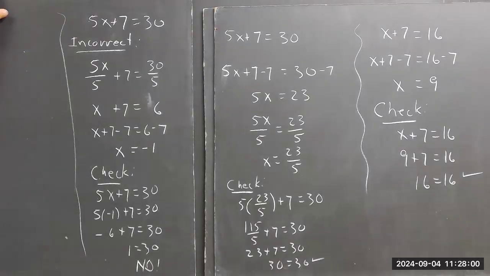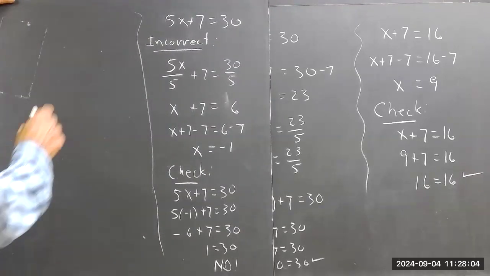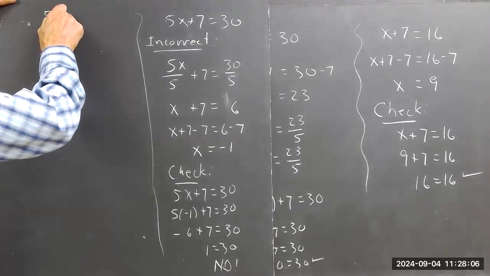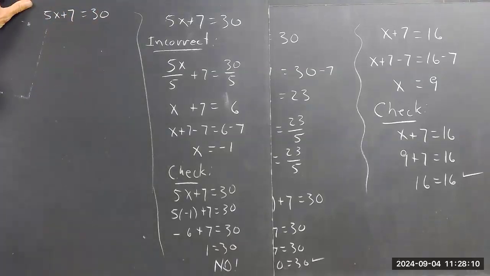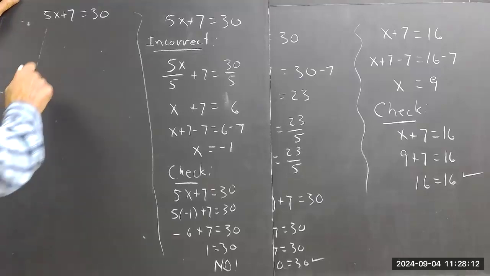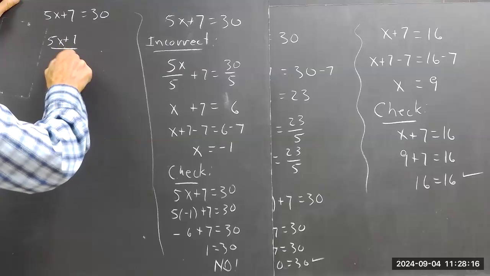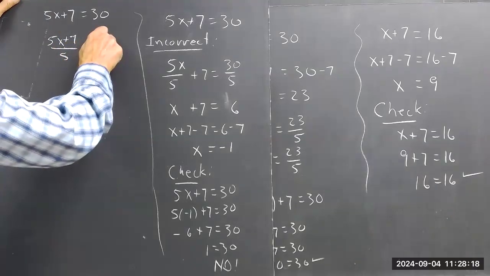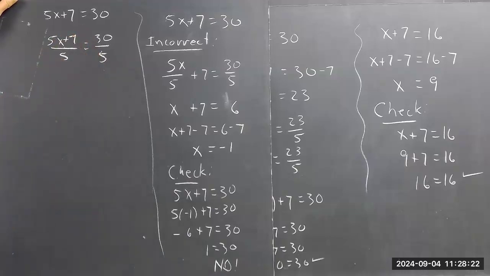Now, if you want to start dividing by 5, you can do this. 5x plus 7 equals 30. You can divide 5x plus 7 by 5, and that would equal 30 divided by 5.